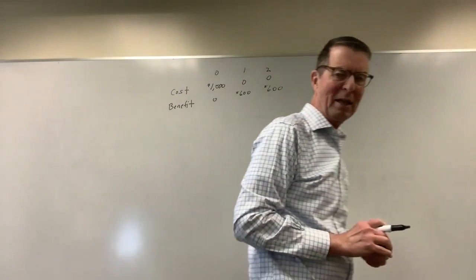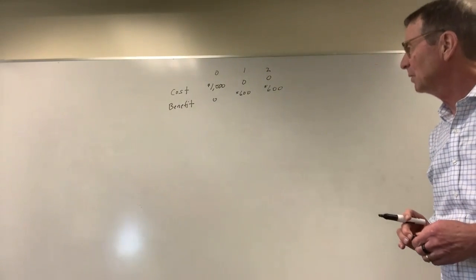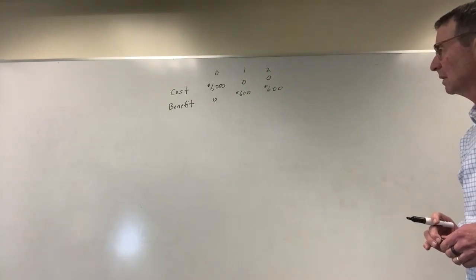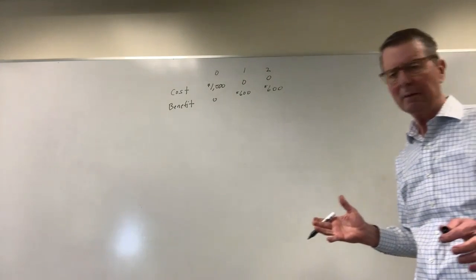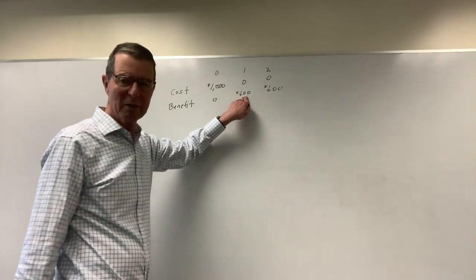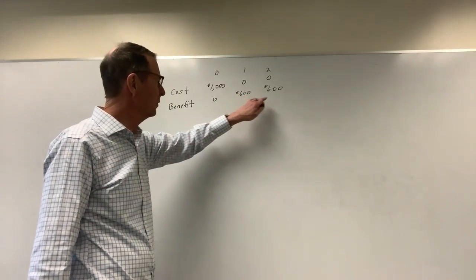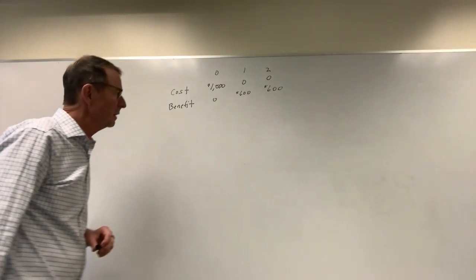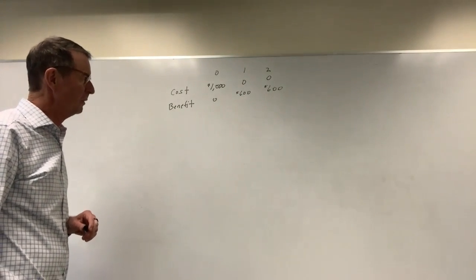And the answer to that question is, well, it depends on what the interest rate is. If the interest rate's 0, there's no discounting, right? So this 600 stays 600 because it's not going to be discounted at all. And this 600 that's not available until 2 years from now is going to stay at 600 as well.